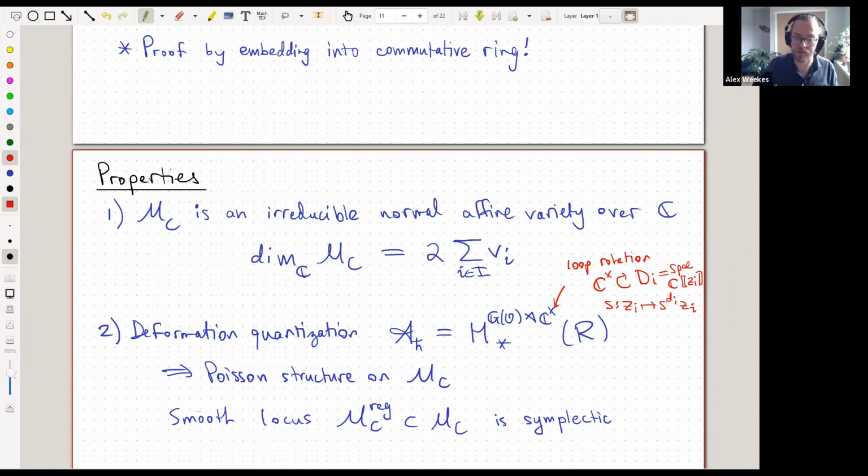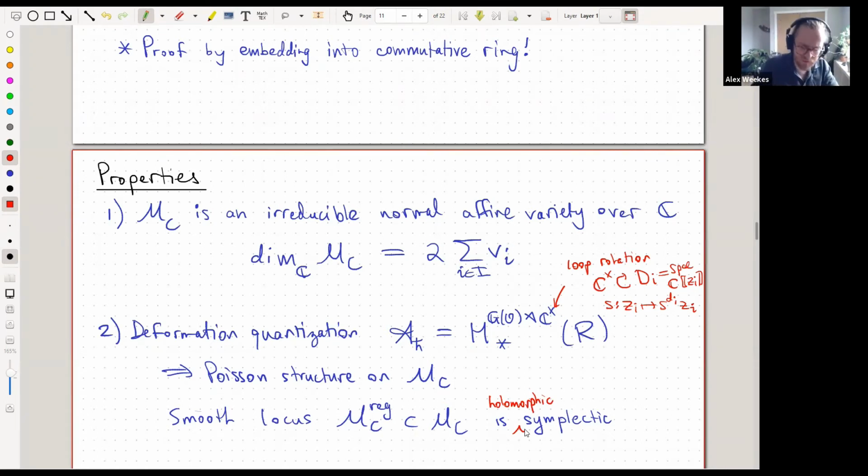And in fact, you can show a little bit more. We mentioned that the Coulomb branch is singular, but if you look just at the smooth locus, it will in fact be a symplectic variety. And here I should say holomorphic symplectic. Everything is over the complex numbers. And Professor Nakajima alluded to this.